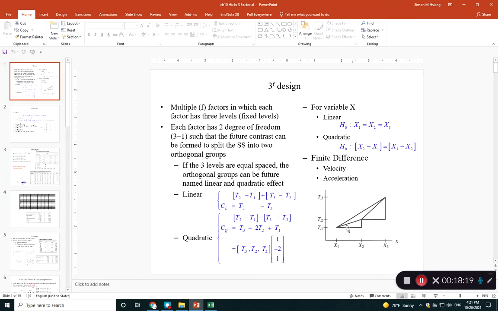But if you accelerate more, or accelerate less, or decelerate more, then there's a nonlinear effect. Basically the velocity is not a constant. If the velocity is a constant, then your quadratic effect disappears.